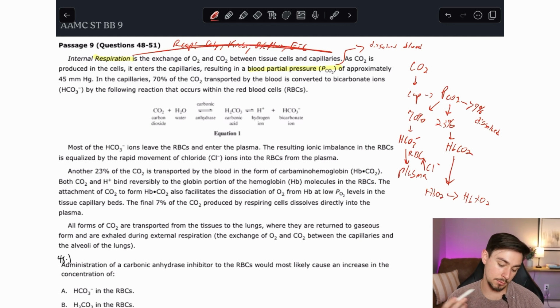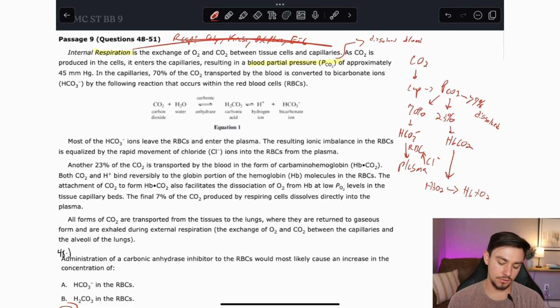In the capillaries, 70% of the carbon dioxide transported by the blood is converted to bicarb ions, and then they give you the formula for bicarb by the following reaction that occurs within the blood cells, and then they give you the reaction. So first things first, this is happening inside of the blood cells. So now everything that builds up a red blood cell is fair game.